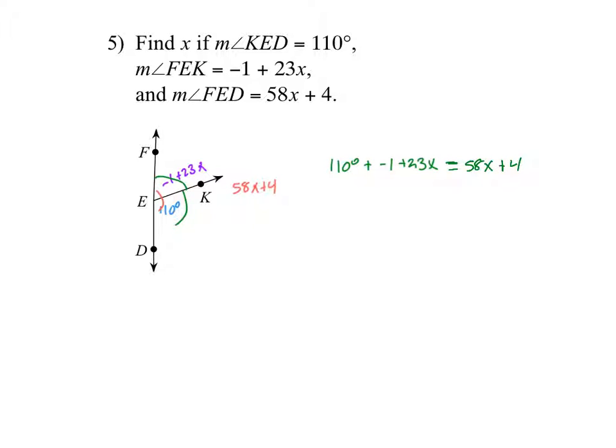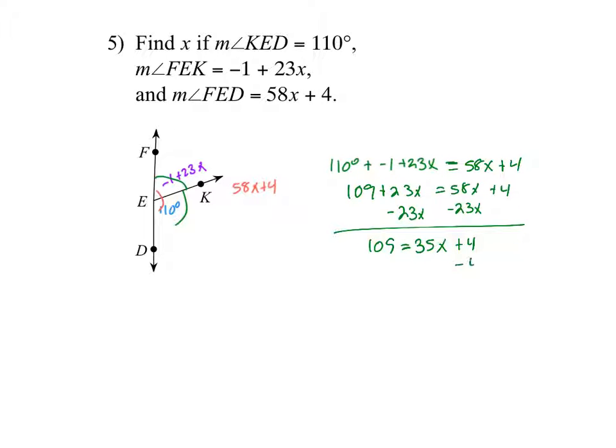So I have 109 plus 23x equals 58x plus 4. I subtract 23x on both sides, so 109 equals 35x plus 4. Subtracting 4 on both sides, I get 105 equals 35x. Now I divide by 35, so x equals 3 degrees.